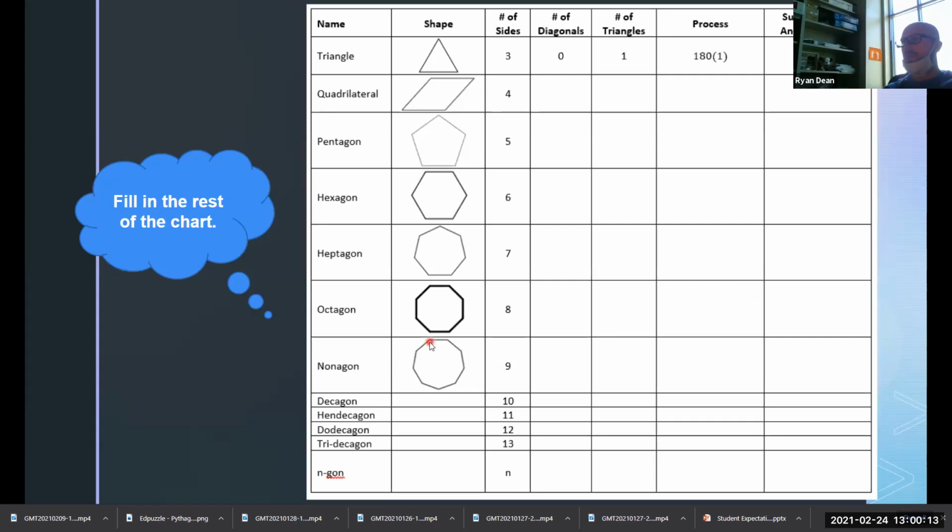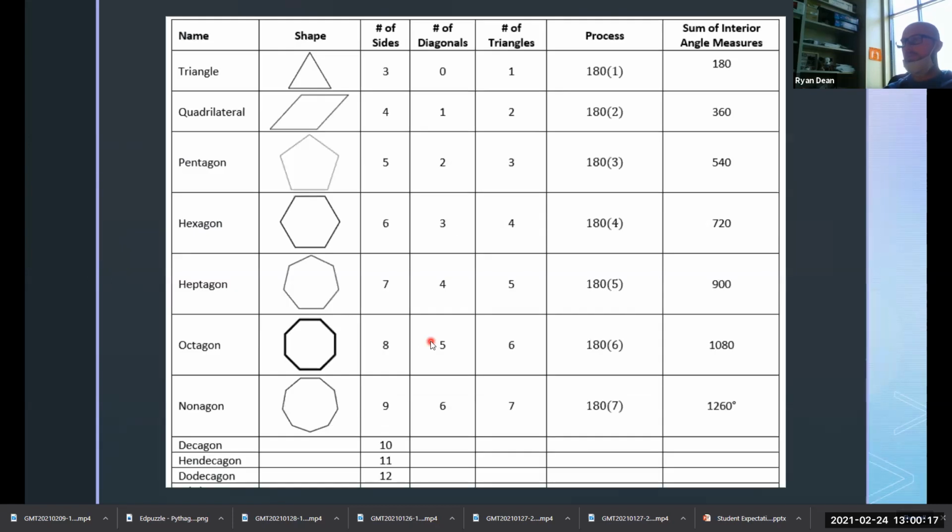Okay, the rest of the chart is basically just going through the exact same thing. So once this is all filled out, you'll notice a reoccurring theme here. Depending on how many diagonals you can create will determine the number of triangles that are inside whatever shape you're looking at.